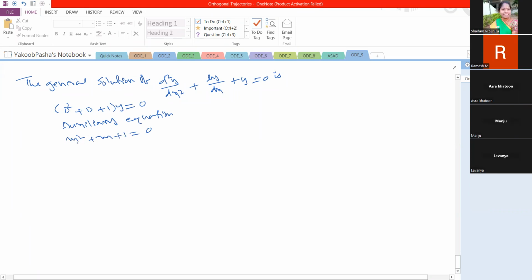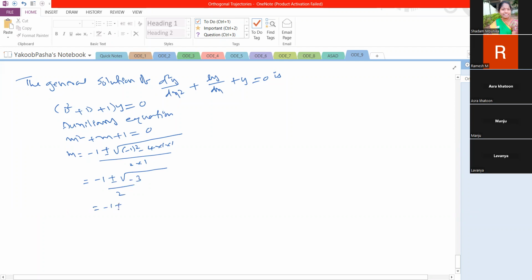We can solve by using minus b plus or minus under root of b² minus 4ac by 2a. So m is equal to minus 1 plus or minus under root of 1 squared minus 4 into 1 into 1, divided by 2. That is equal to minus 1 plus or minus under root of 1 minus 4, that is minus 3, by 2.